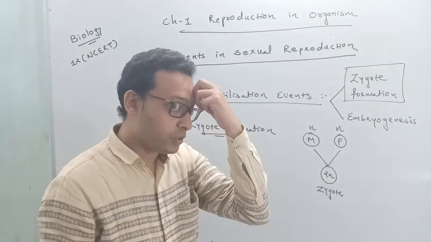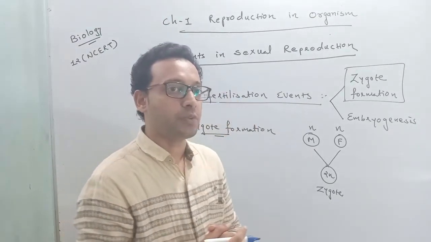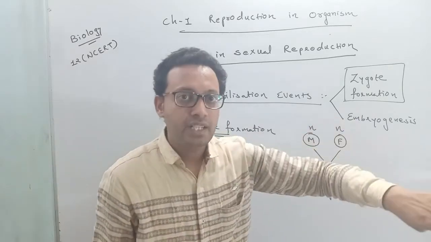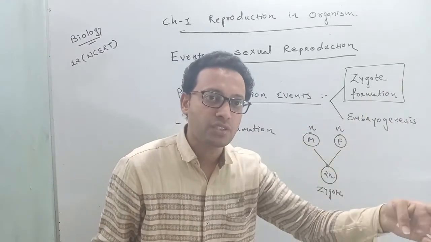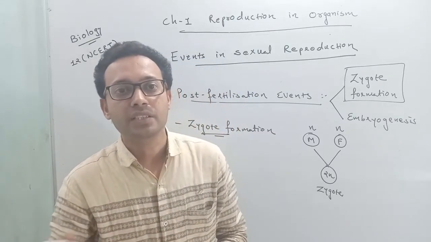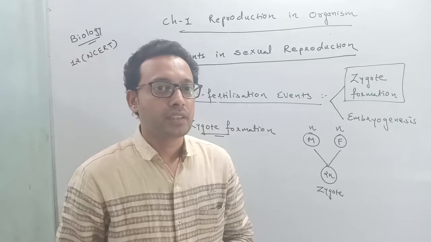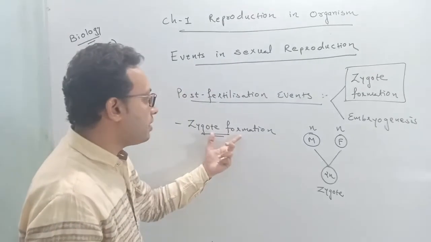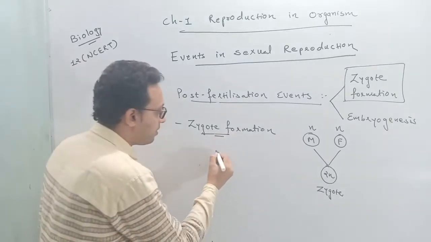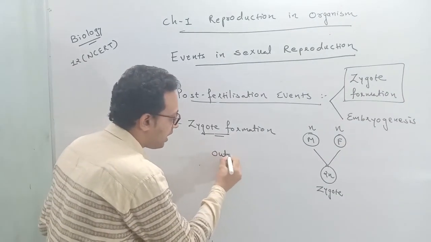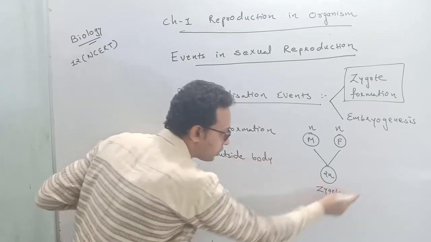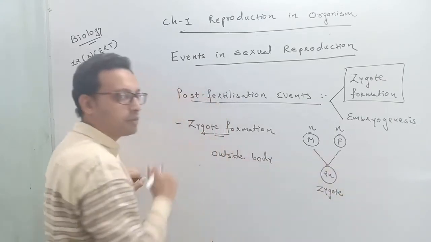Clear? But here you know that where the fertilization takes place, there are two varieties of organisms. One variety in which fertilization occurs externally, the other in which fertilization occurs internally. So in some organisms the zygote formation occurs outside the body.